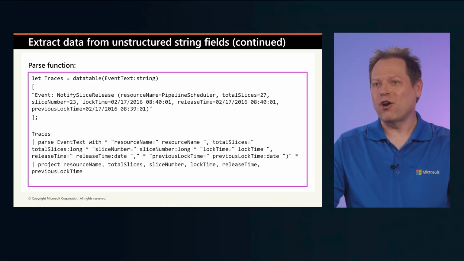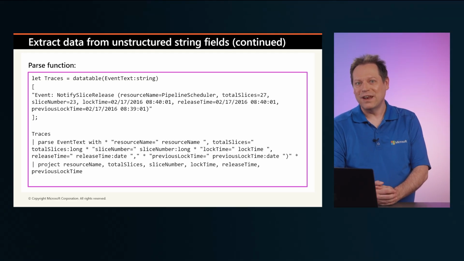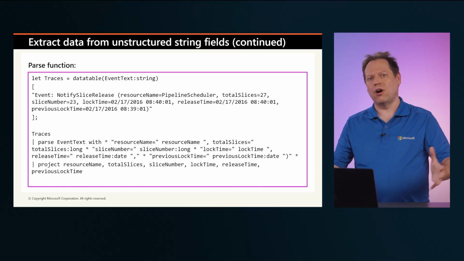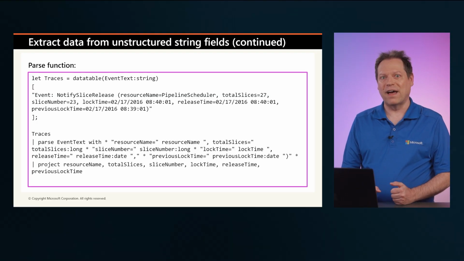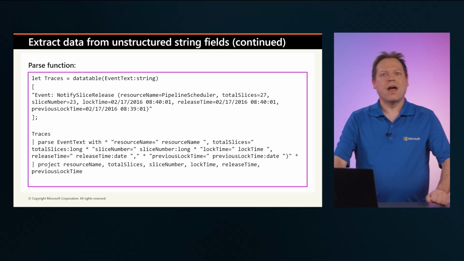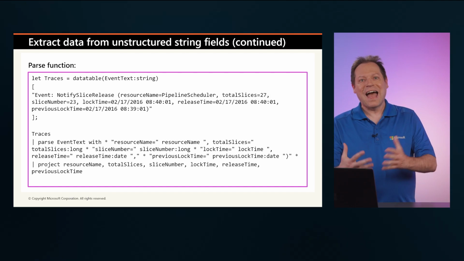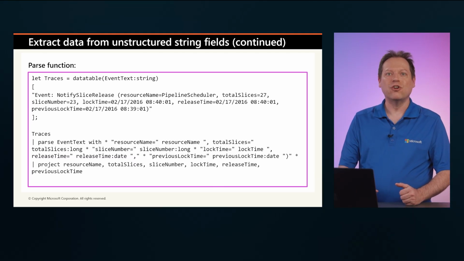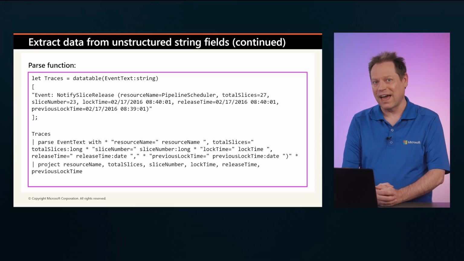When we parse EventText, we map parts of the string into a name field like resource name, total slices as a long, slice number as a long, which is a 64-bit value, and timestamps such as log time, release time as a date, and previous log time as a date. After parsing, we project those extracted fields so the output becomes a clean table you can analyze.